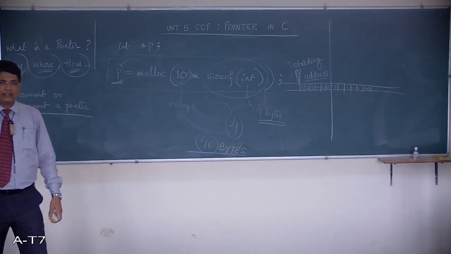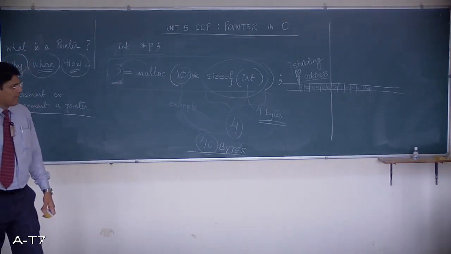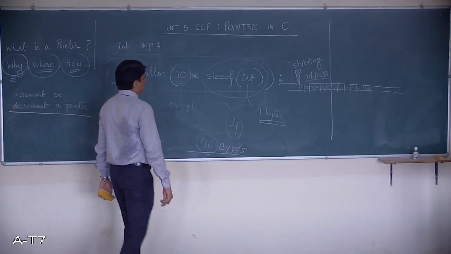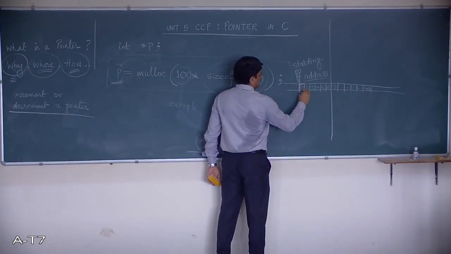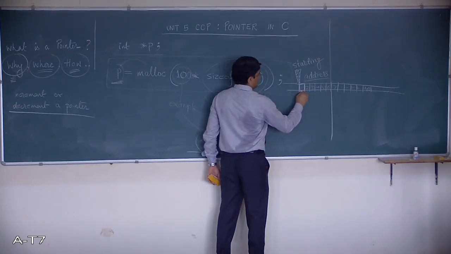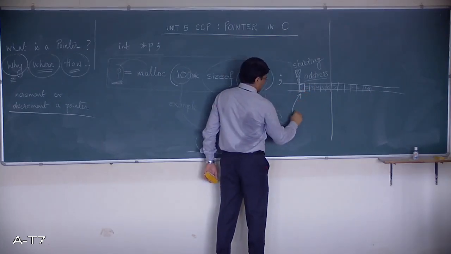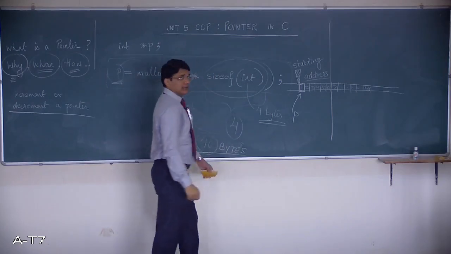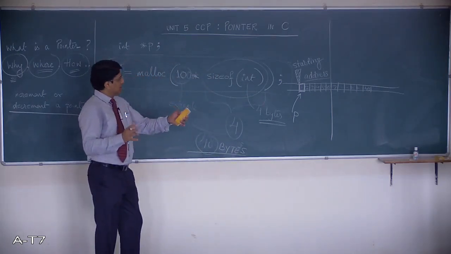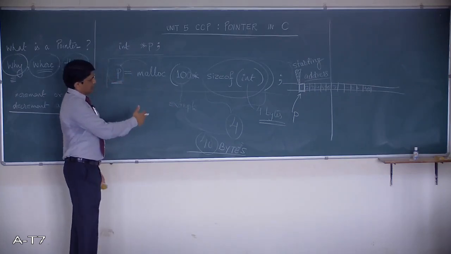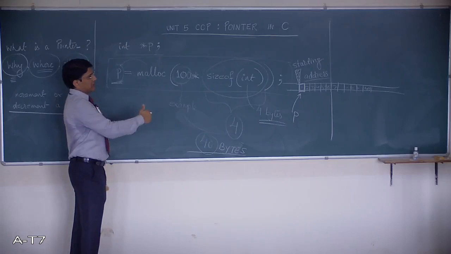Increment or decrement a pointer. It's another interesting concept. Very simply put, the address of this first location, you can say that P points to the first number out of a set of 1000 into 4, that is 4000 bytes.